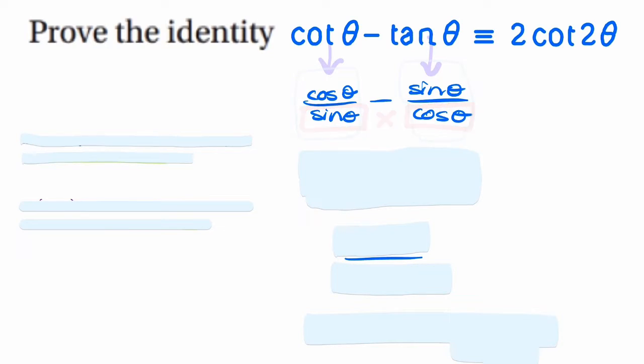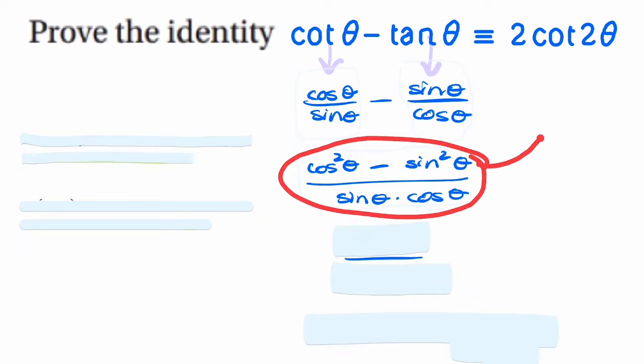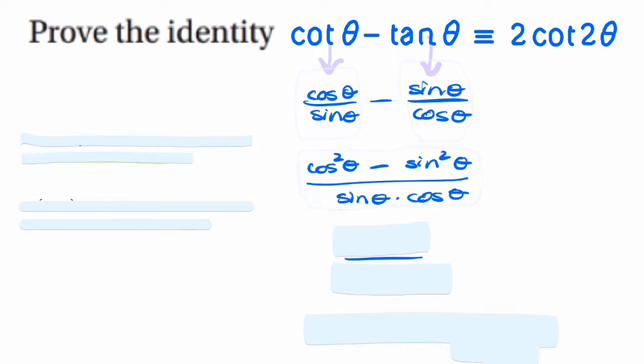So we're going to have the product of these two in the denominator, and you'd need, therefore, to multiply this by cosine, and you need to multiply this by sine. So the common denominator will be the product, and cosine times cosine is cosine squared, and sine times sine is sine squared. So now we need somehow to get from here to here.